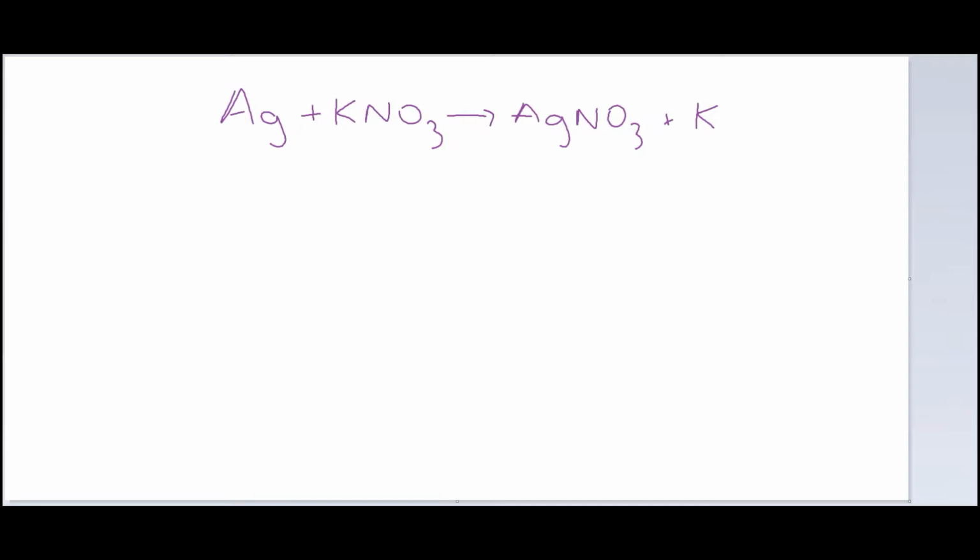Now, I'm going to write the net ionic for this reaction. In order to do that, though, I need to identify what's soluble and what's not. Well, since both compounds that I have contain nitrate, they are both going to be soluble.